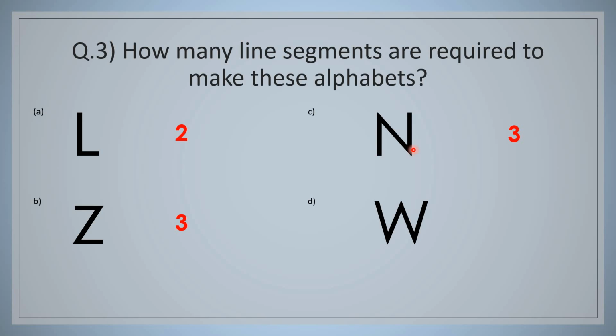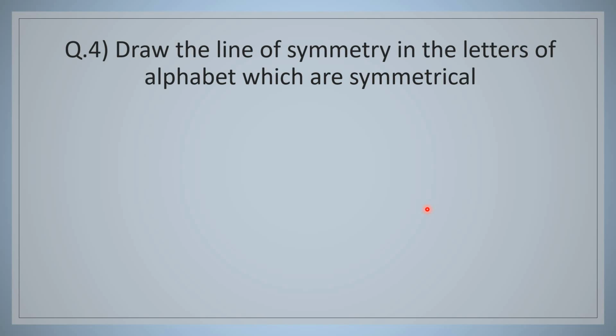Fourth one is W. 1, 2, 3 and 4. So for W you require 4 line segments. So you have understood how to count the line segments in an alphabet. You just have to count how many lines are there in the alphabet, and that will give you the number of line segments required to make that particular alphabet.